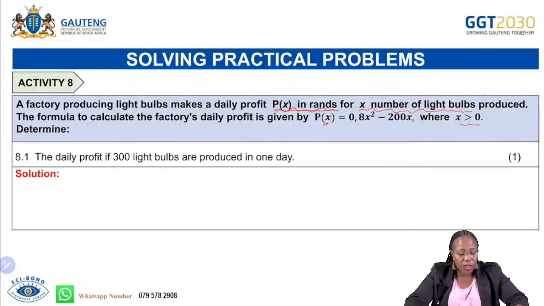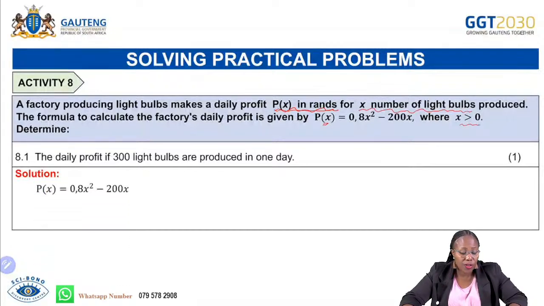And then now we need to determine the daily profit if 300 light bulbs are produced in one day. This factory now is making 300 bulbs per day. Now determine the profit that this factory will make in that particular day if 300 bulbs are produced.